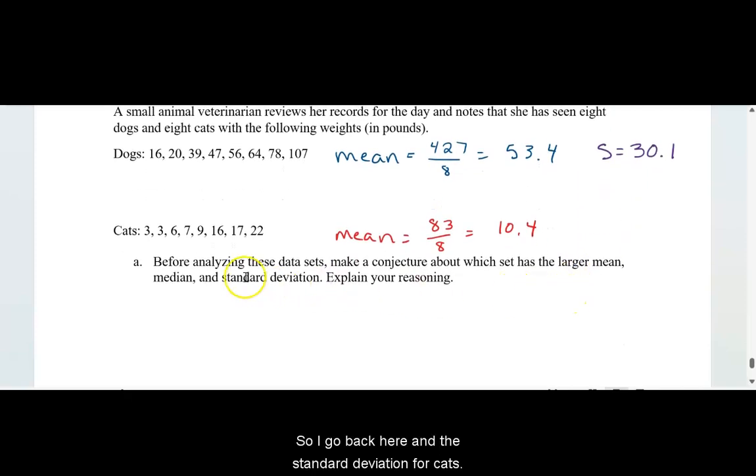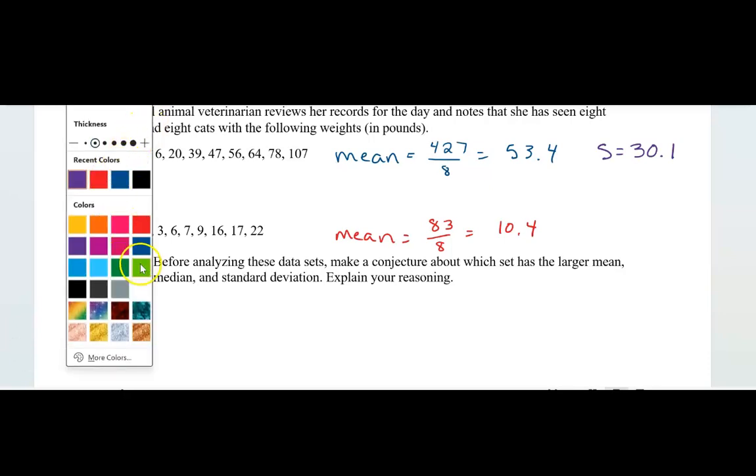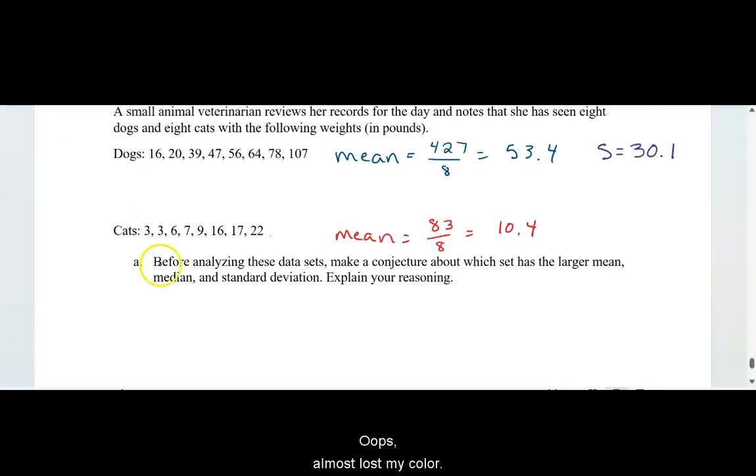So I go back here, and the standard deviation for cats is 7.1. This is as we expected. We didn't know what the numbers were, but when we were making the conjecture, we said the mean is going to be higher for the dogs, of course, because the weights are more.